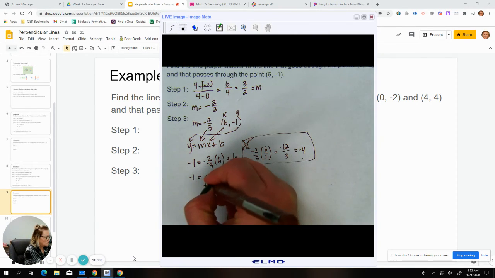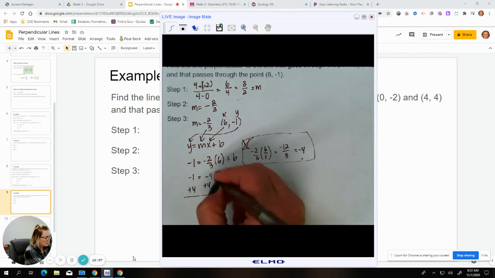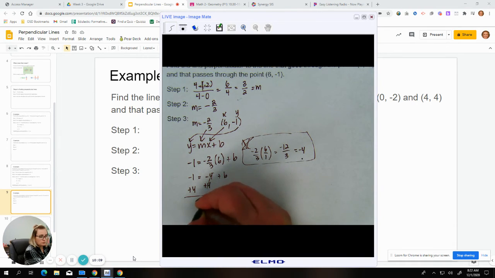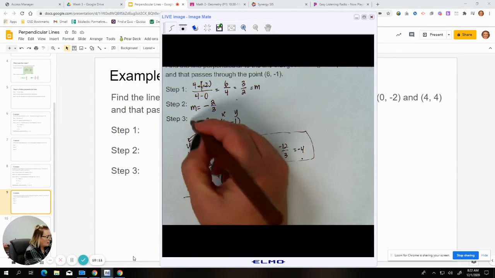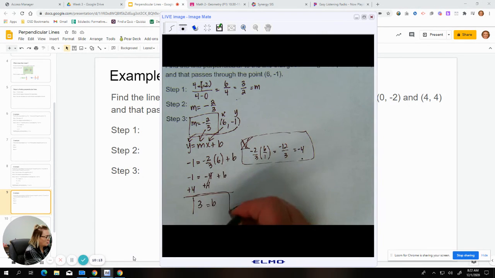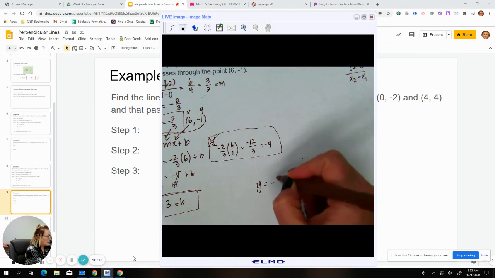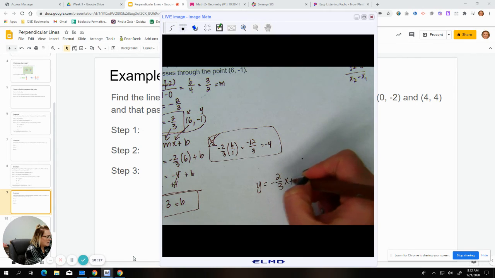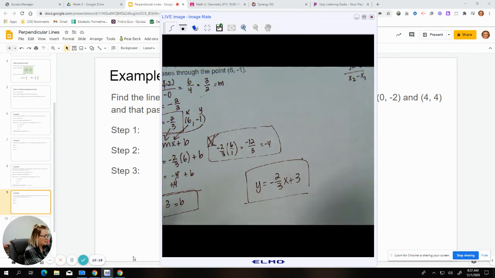And then we need to add 4 to both sides. B is equal to 3. So we have our slope, we have our y-intercept, and our perpendicular line is going to be y equals negative 2/3 x plus 3.